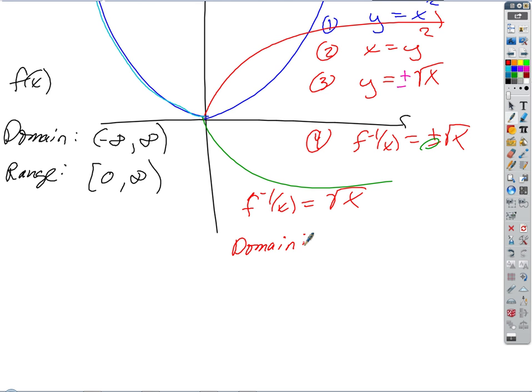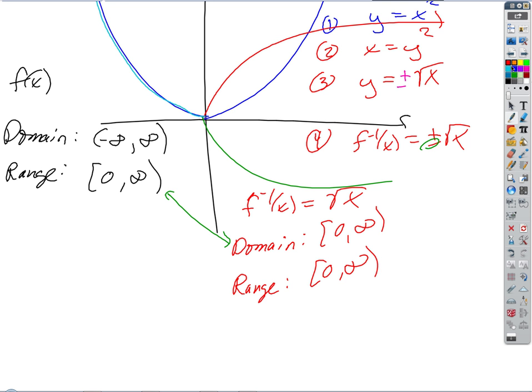Greater than or equal to 0? Okay, that fits, doesn't it? Because look, the domain and the range match up, right? What's the range of the red function? Greater than or equal to 0, right?